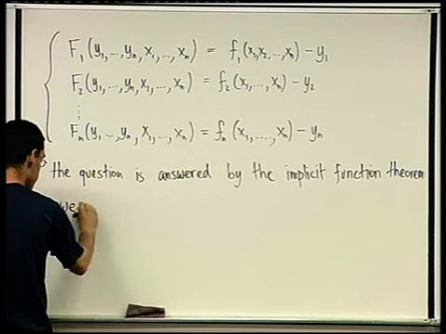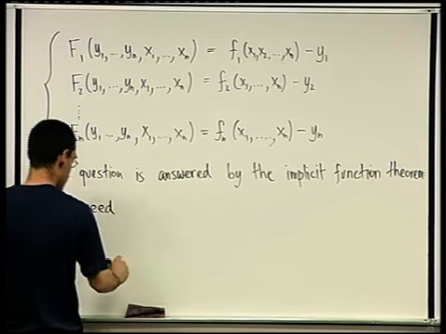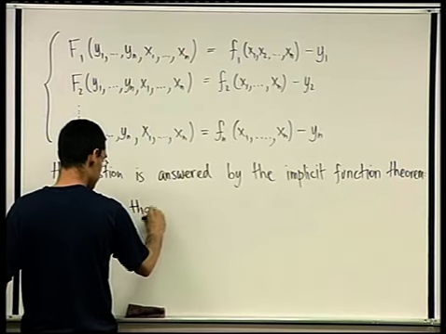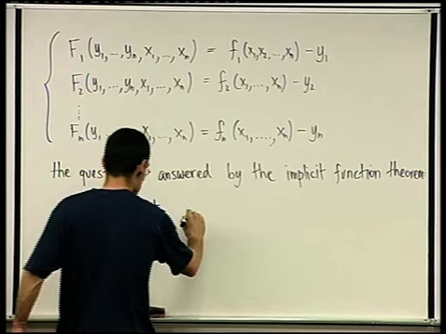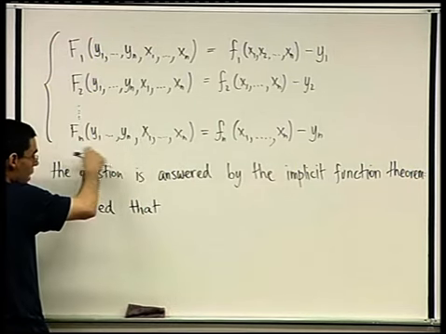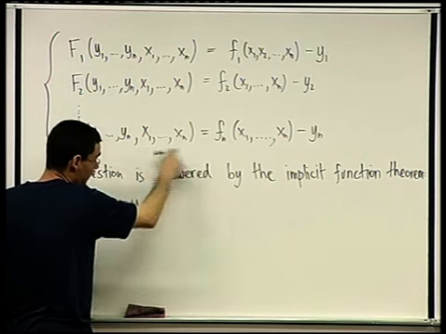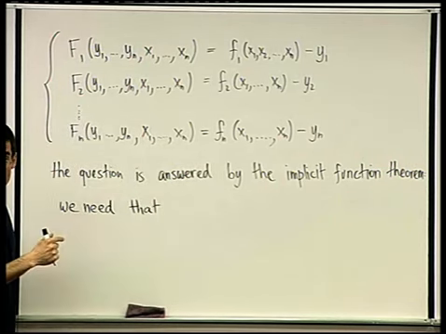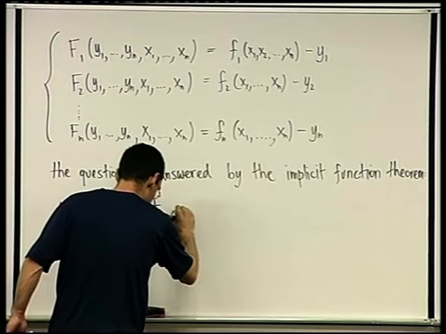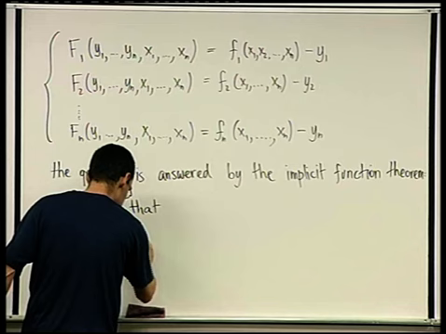We need that determinant. So what was the determinant? The derivatives of the f's with respect to the z variables, which are now the x's, right? We need that, what we called delta previously, but it's now the determinant.